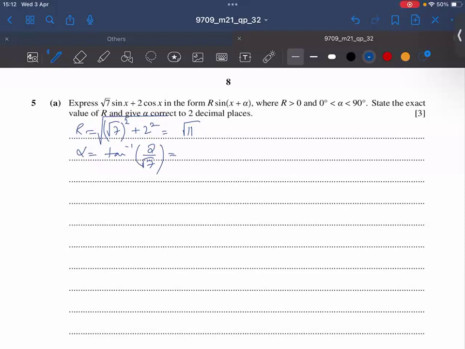I got 37.08. 37.08 degrees. So let me express now. Square root of 11 sine x plus 37.08 degrees. All right.